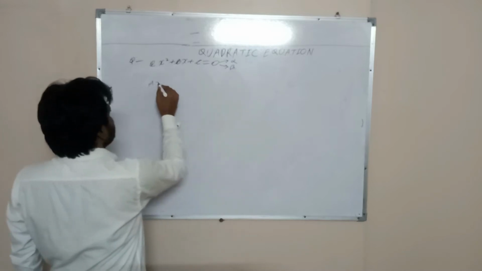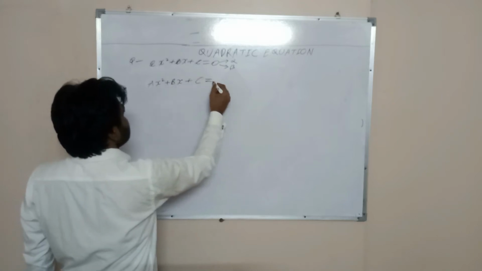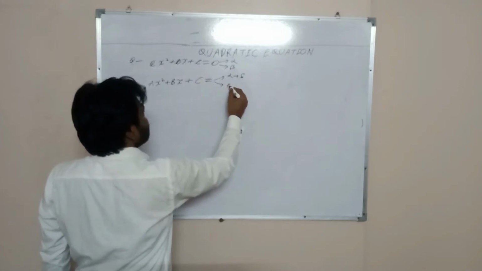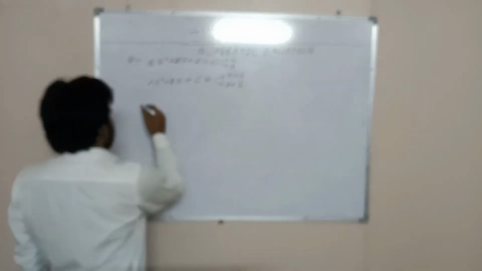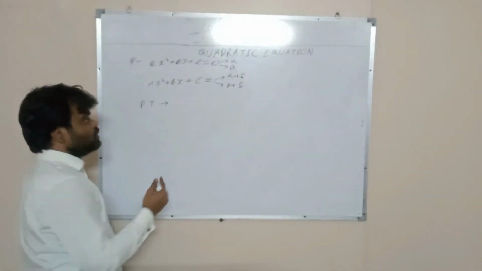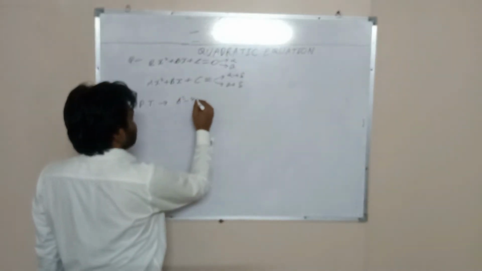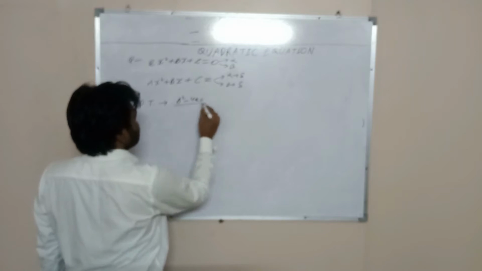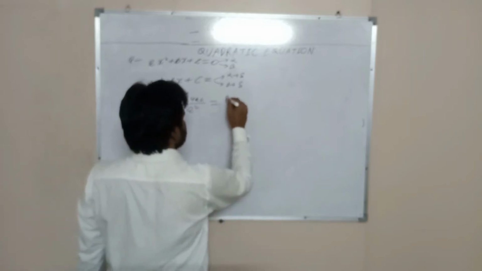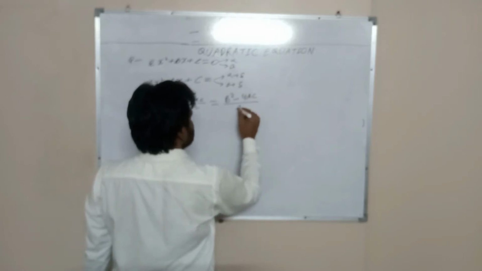And another, ax square plus bx plus c, whose roots are alpha plus delta and beta plus delta. And we have to prove that b square minus 4ac upon a square is equal to capital B square minus 4ac upon a square.